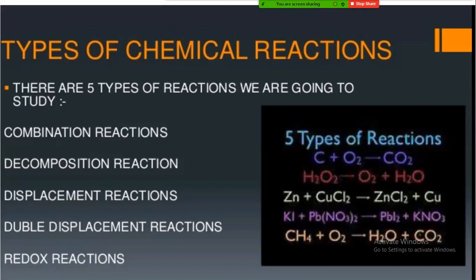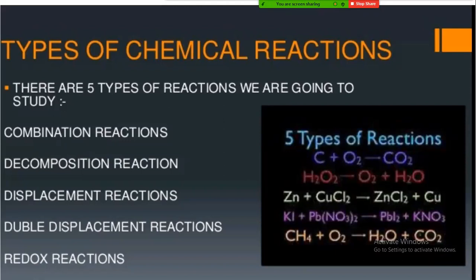Each chemical reaction that happens around us will be one of these types. It doesn't matter where or when the reaction is occurring, it will be one of these types. One of them is combination reaction, another is decomposition, displacement reaction, double displacement reactions, and the last and most important one is redox reactions.